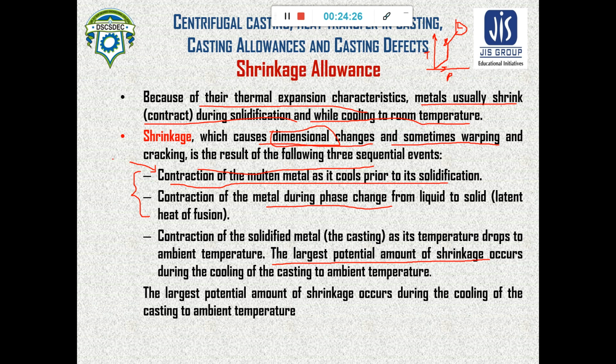This is known as liquid shrinkage. And contraction during solidification is known as solidification or phase transformation shrinkage. So this liquid shrinkage and the solidification shrinkage are taken care of by riser.